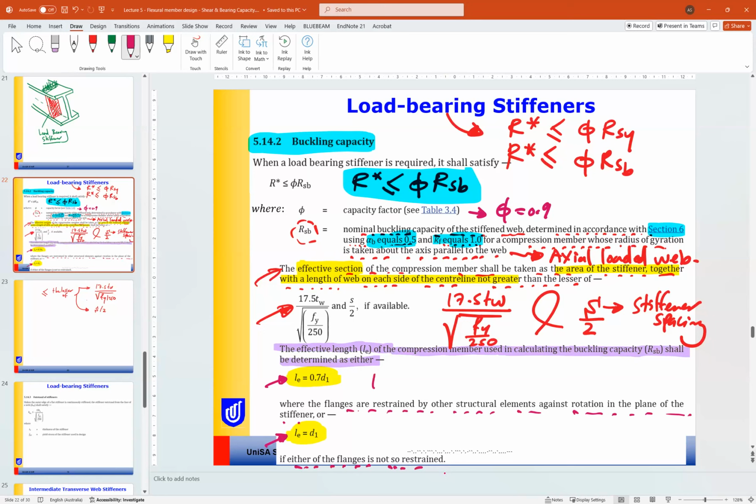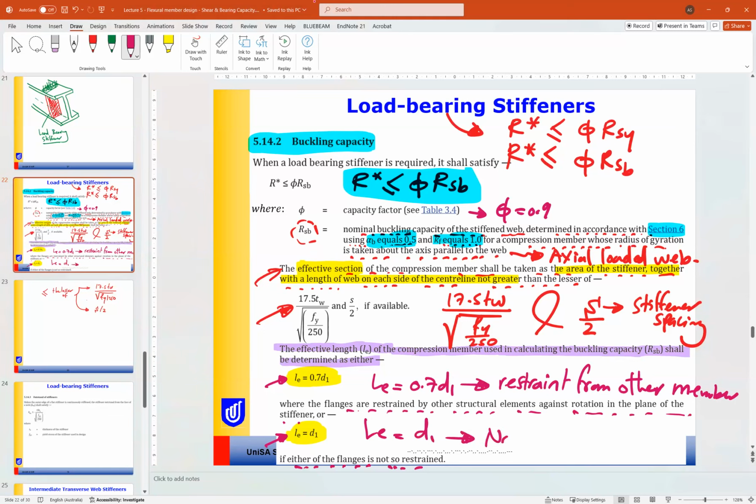So L effective will be taken as 0.7 D1 if we have restraint from other members, and L effective equal to D1 when we don't have restraint.